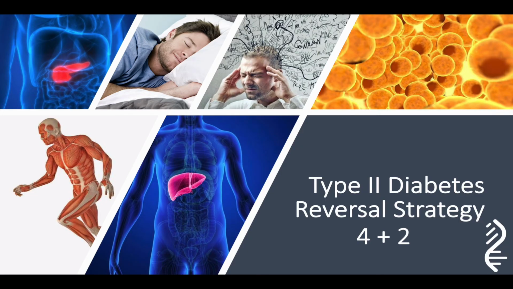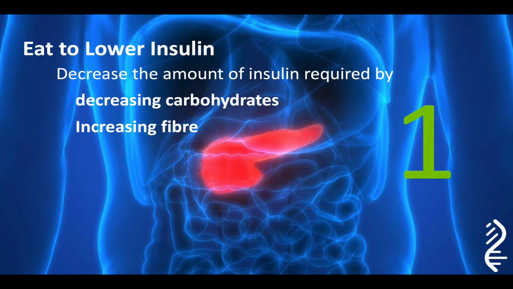So the 4+2 diabetes reversal strategy is really designed to address this. It's designed on the basis of this twin cycle theory. So the first thing that we want to do is eat to lower insulin. If we decrease the amount of insulin required by decreasing our carbohydrates and increasing our fiber, we can start the process.